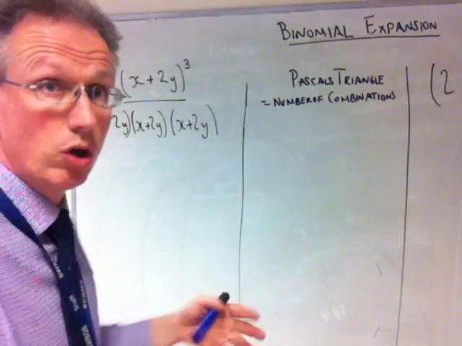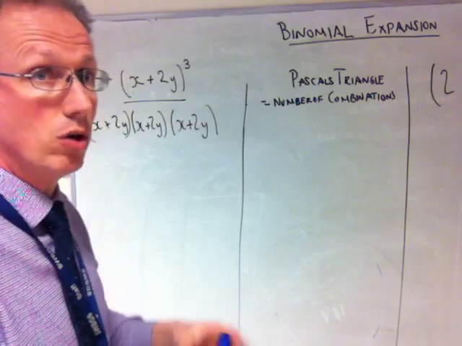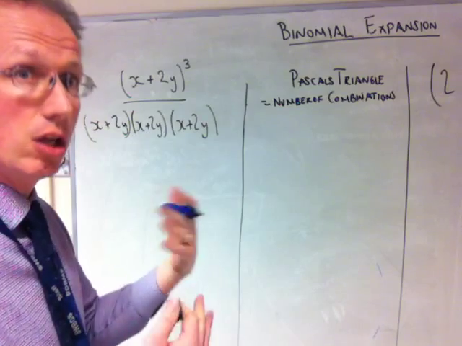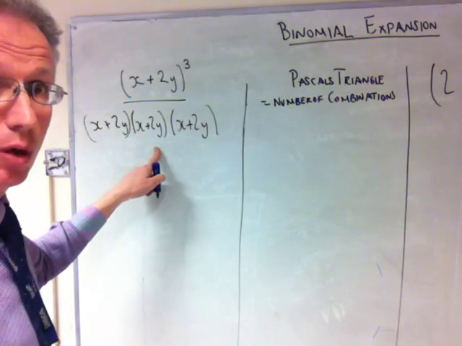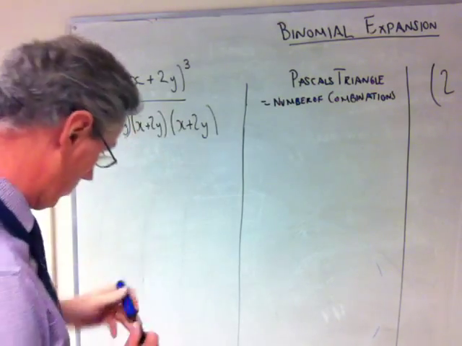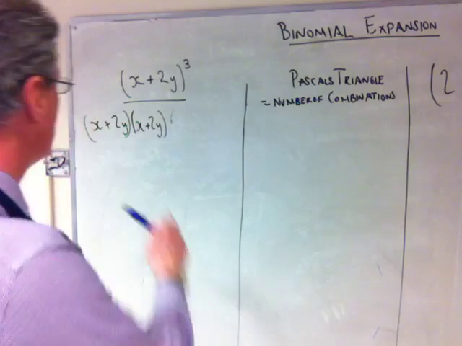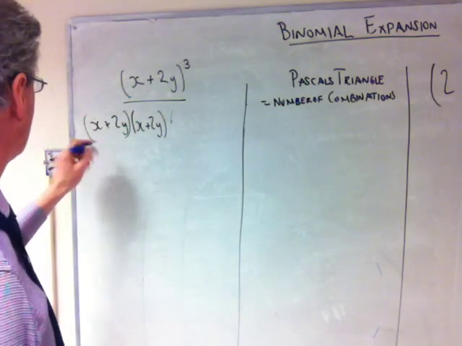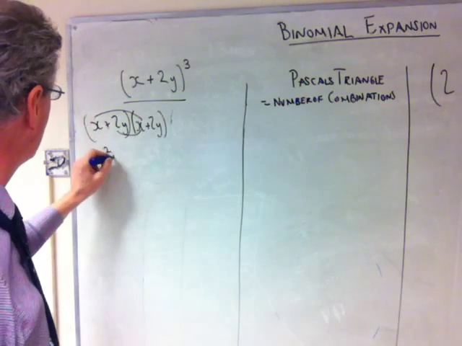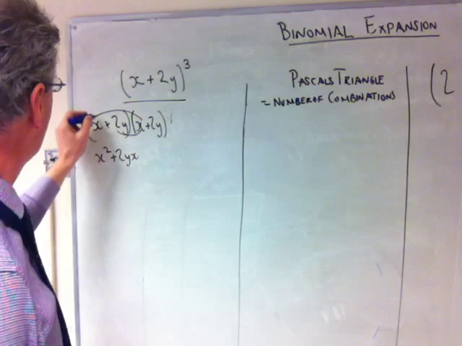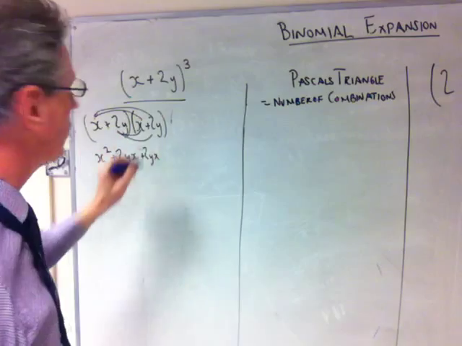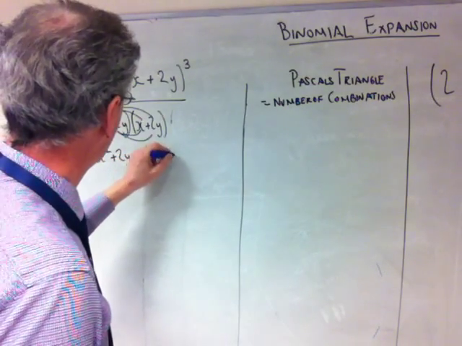With this one, it's relatively straightforward. You could do it based on the understanding you had from GCSE, which is you expand each bracket and then multiply the terms. One way is to do this double expansion first: x times x is x squared, 2y times x is 2yx, x times 2y gives another 2yx, and 2y times 2y gives 4y squared.